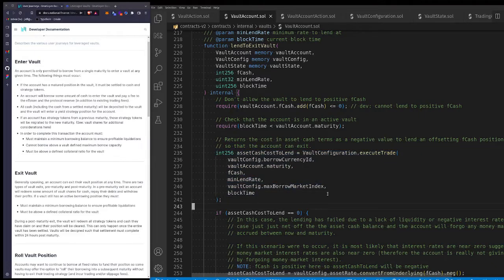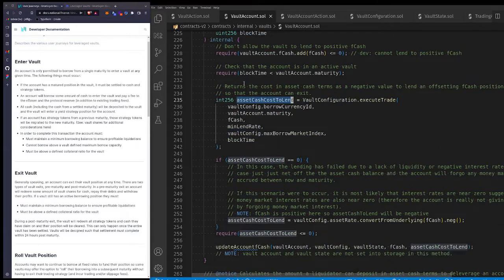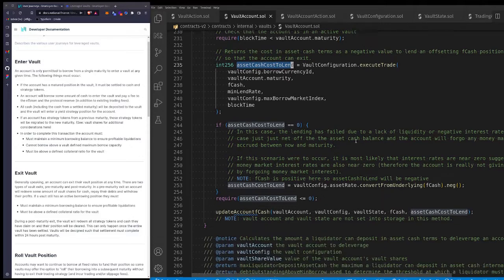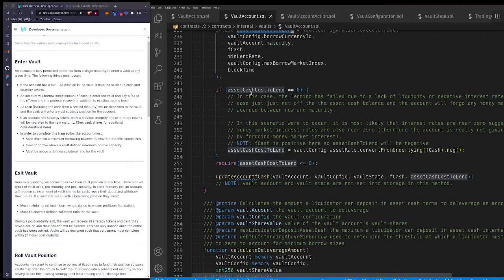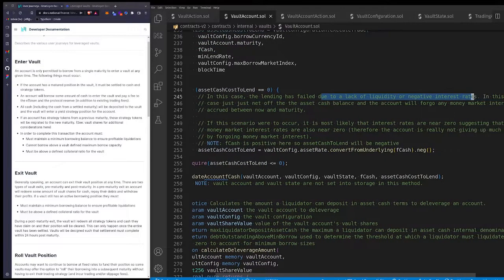Now this trade is in the opposite direction from the borrow, and what it'll return is a negative amount here, which signifies the cost to lend an offsetting position of F cash. If that is 0, then lending has failed, and lending can fail due to lack of liquidity or interest rates that are too close to 0, causing the AMM to underflow into a negative interest rate.